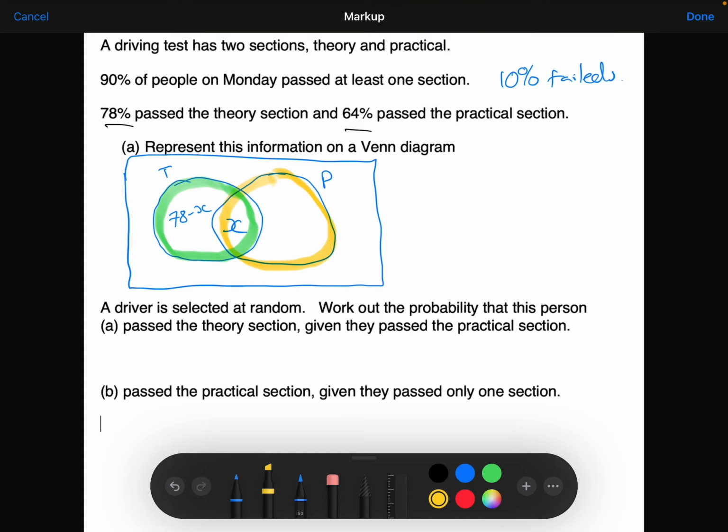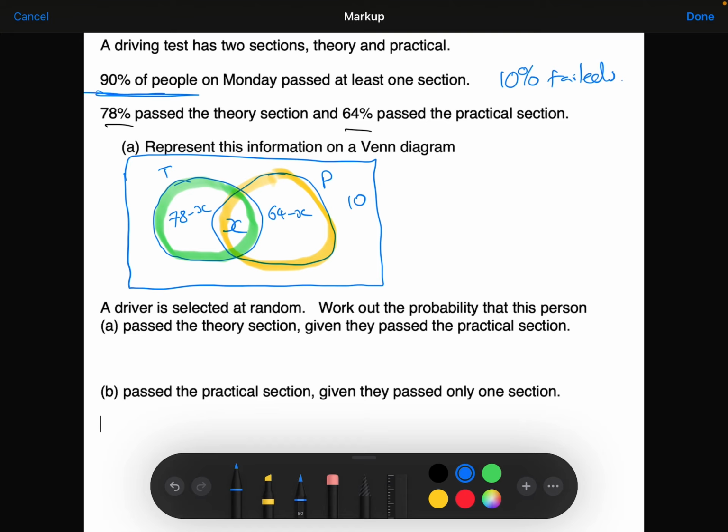Therefore, this outside region here will be 64 minus X. And the other piece of information I know is that 90% of people passed at least one test and that 10% failed, which means there'll be 10% on the outside here.